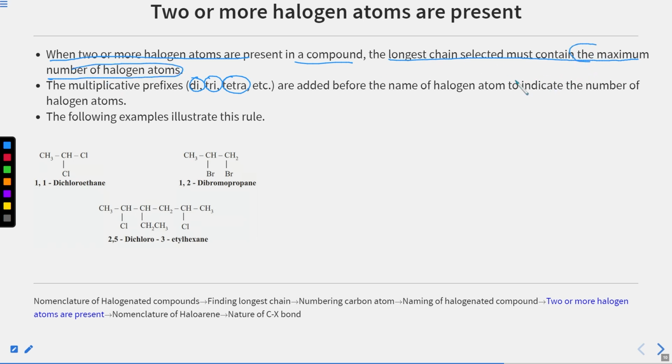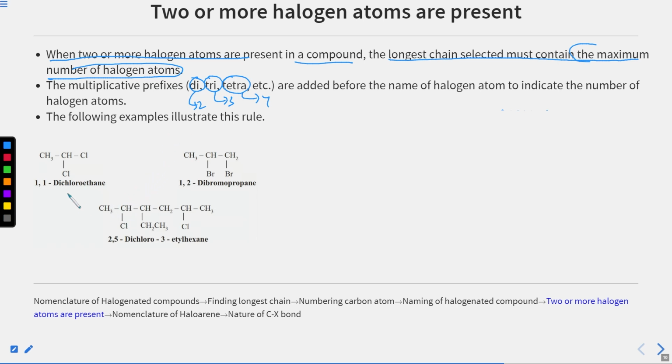Suppose 2 chains are there, then we should select the one which has the maximum number of halogen atoms. Is this clear? Now the multiplicative prefixes are added before the name of the halogen to indicate the number. Of course, di relates to 2 halogens, tri to 3, tetra to 4, and so on.